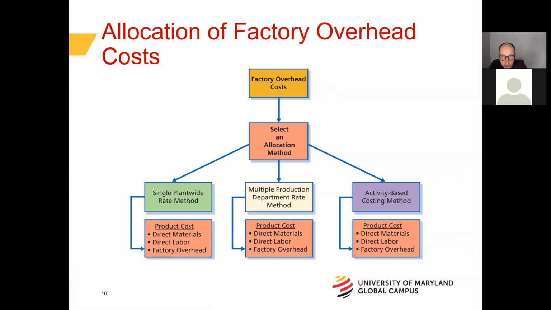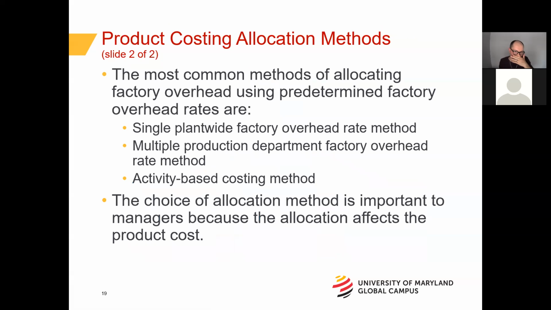What we're trying to understand in this concept is how do we apply factory overhead to the total product cost? And as I mentioned, those are the three methods: single plant-wide rate, multiple department method, and activity-based costing method.